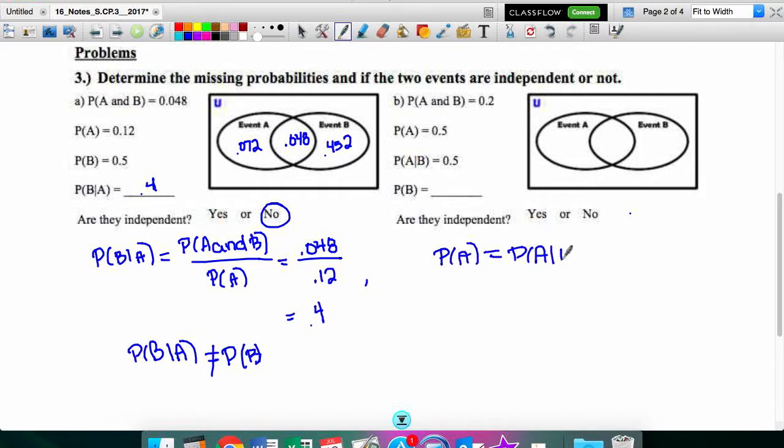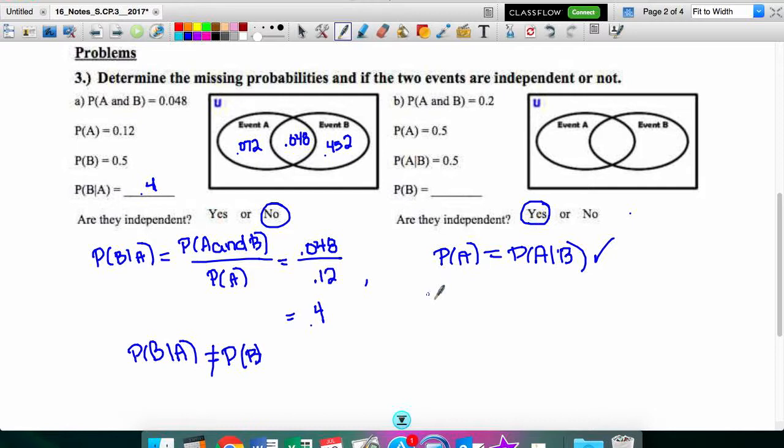I feel like that's important to us. This is actually one of the statements for an independent event listed above. If the probability of A is equal to the probability of A given B, that means that the two events are independent.